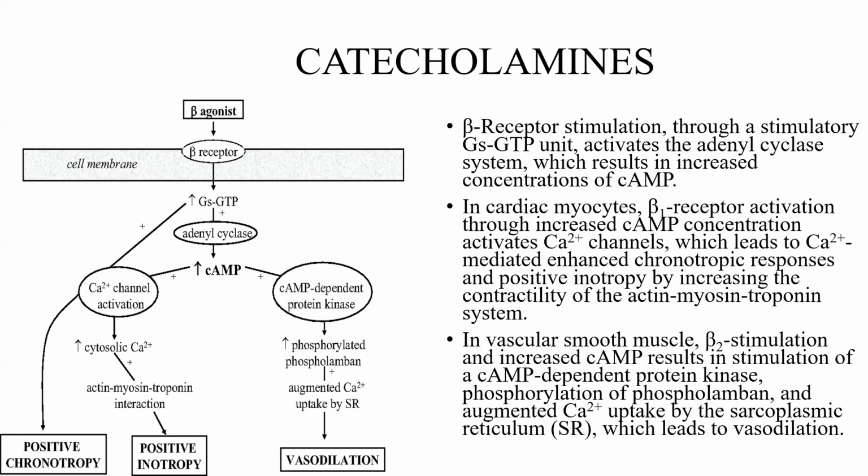It goes through increased cyclic AMP, then increases phosphorylated phospholamban, which causes augmented uptake of calcium by the sarcoplasmic reticulum, and then leads to vasodilatation. So there's slight variation in how it affects the beta 1 receptor on the left and the beta 2 receptor on the right.